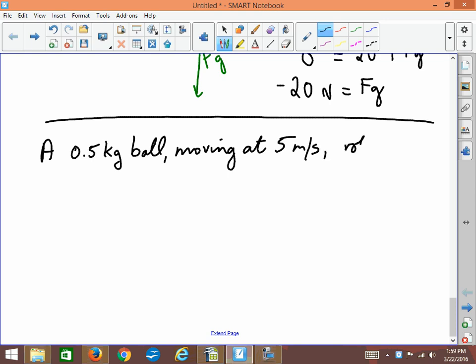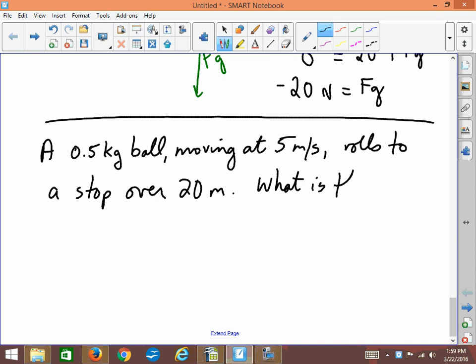Rolls to a stop over 20 meters. So it rolls for 20 meters and finally comes to a stop. Question is, what is the force of friction stopping the ball?